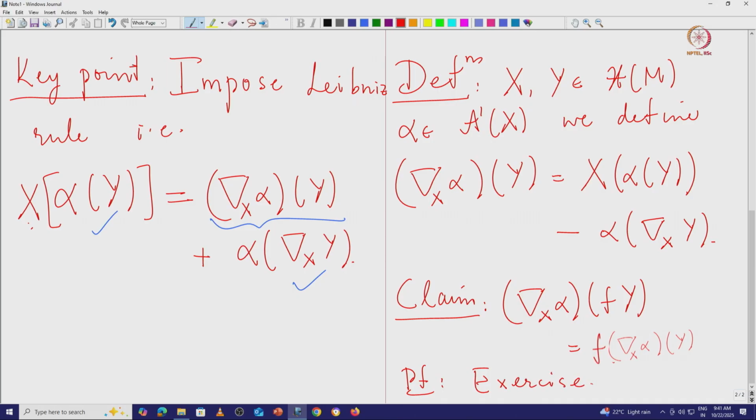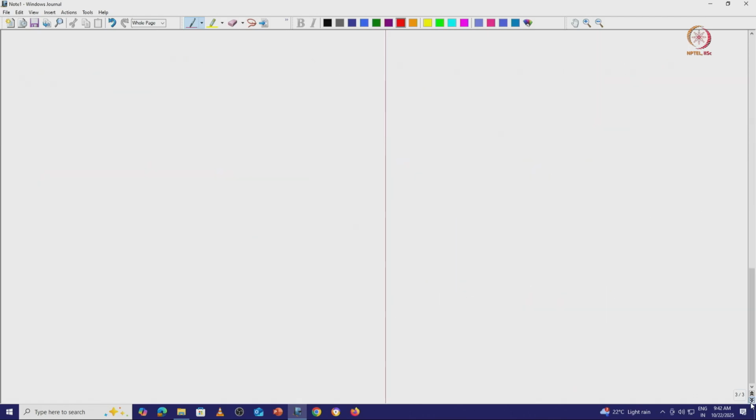As a result of this, I can now think of nabla X of alpha to be a one form. So this completely answers the question that we posed. Of course, in order to do calculations, one needs a local expression.